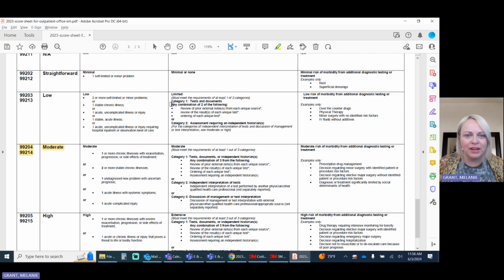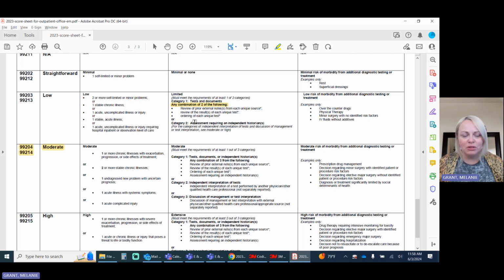And in category 1, to meet that, you have to have a combination of 2 of these 3 bullet points. And so you have to read through that. So: review of prior external notes from a unique source, review the results of each unique test, or ordering of each unique test. Okay, so any combination of 2 would mean any 2 of those 3.